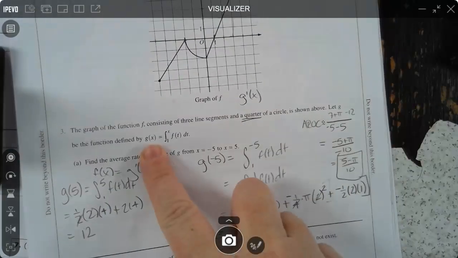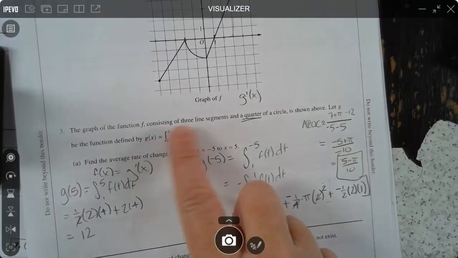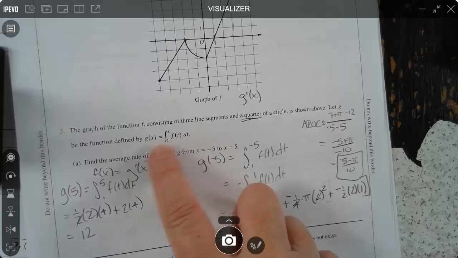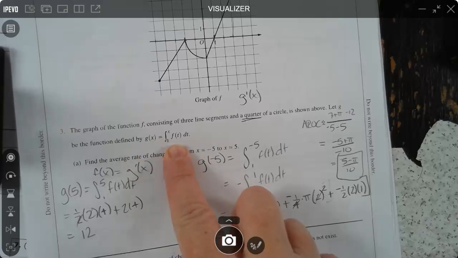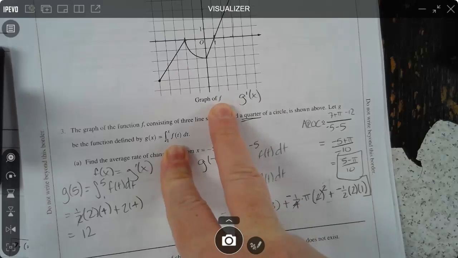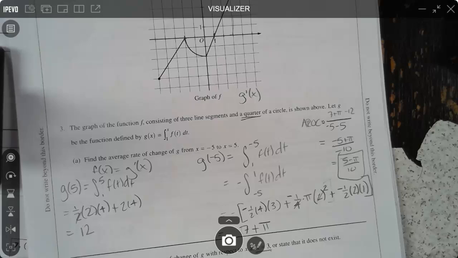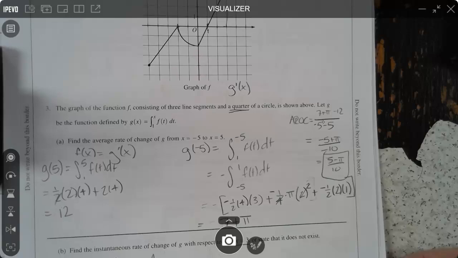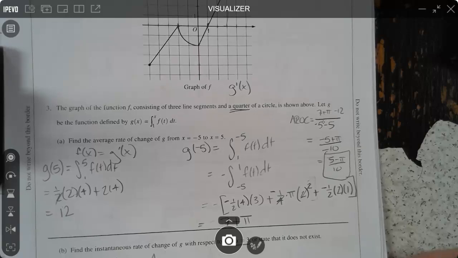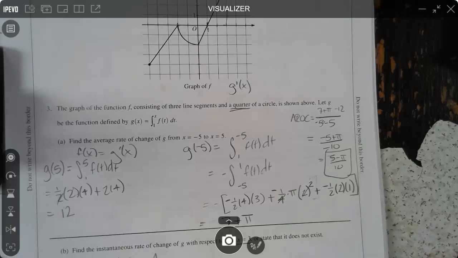Because if you take the derivative of both sides, you end up with g prime of x equals f of x. This is f of x. So f of x and g prime of x are the same thing. This is the derivative. If that was the graph of the function, it would be d and e. But since it's the graph of the derivative, you just take that value.